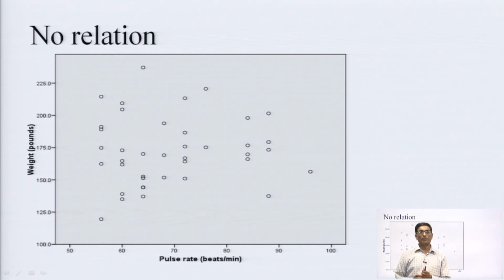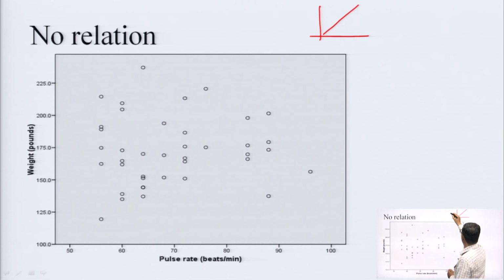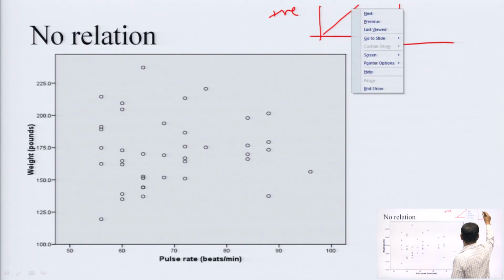So, with the help of the scatter pattern, we find the relationship in three types. One is positive relationship, in which when we move from left to right, the line moves upward. In negative relationship, when we move left to right, the line moves from upward to downward.